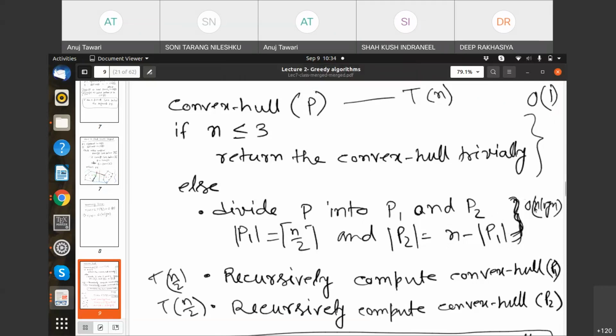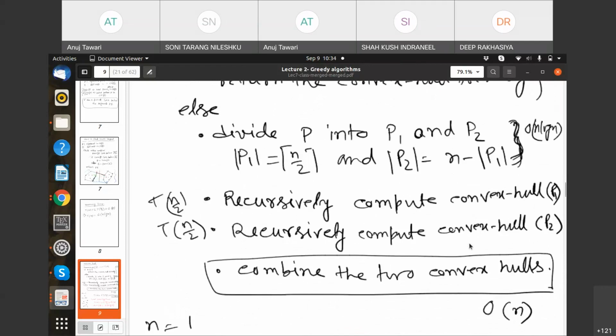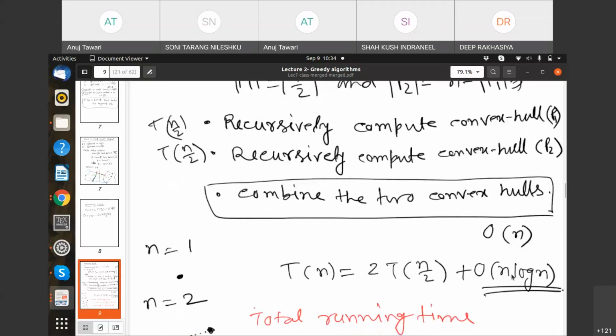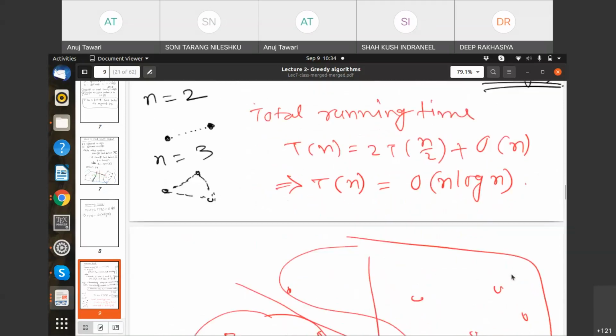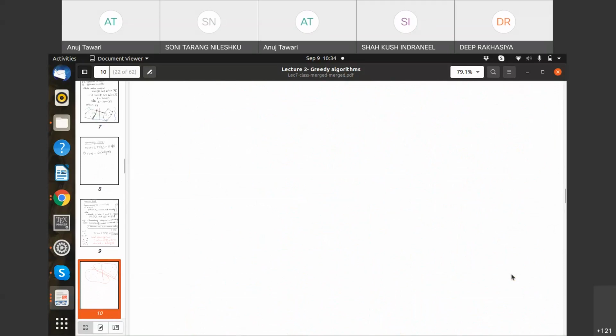The other approach is just sort the points according to their x coordinate, and we would just divide these points according to their x coordinate. Half the points go into P1, the other half goes to P2. Recursively compute the convex hull of P1 and the convex hull of P2. Combine these two hulls. So we get n log n time algorithm here.